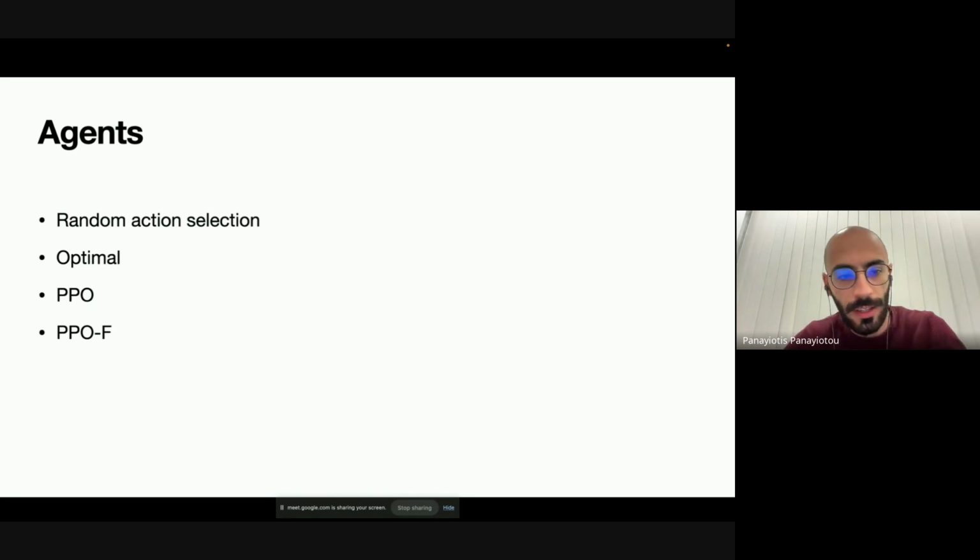The reason that there are no value-based methods here is that we had the same conclusions with them, like with DQN, for example. It's just that the diagrams were very cluttered with them. And yeah, it was clearer to just include PPO in this case.